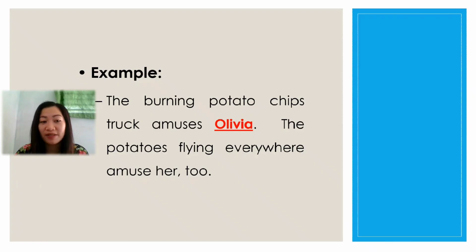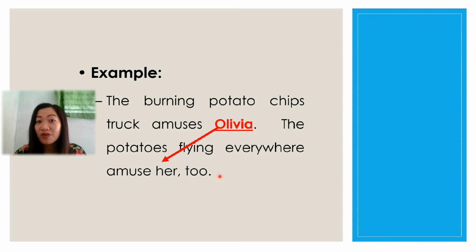Okay, let's have this example. The burning potato chips truck amuses Olivia. The potatoes flying everywhere amused her too. So for this one, we have this underlined name, Olivia, which is the object of the sentence. So we will be replacing Olivia with an object pronoun.